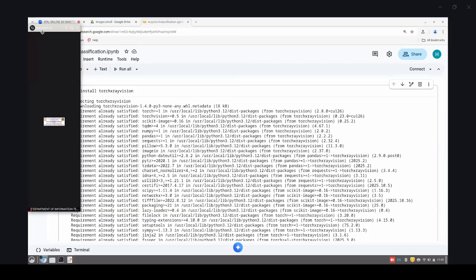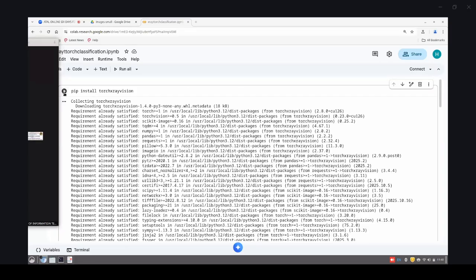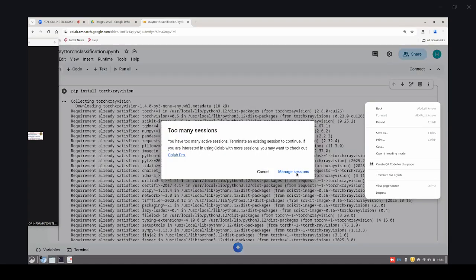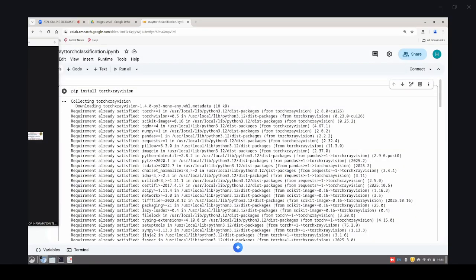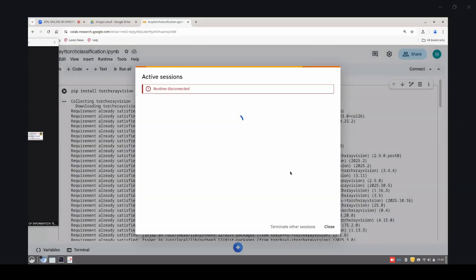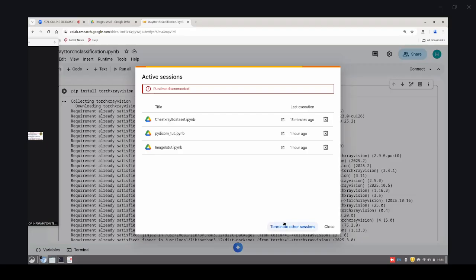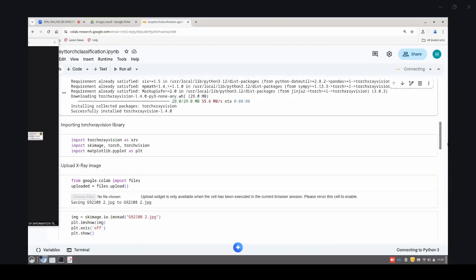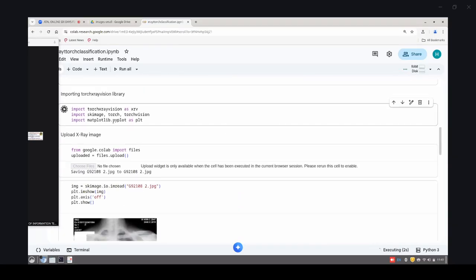There is a library called TorchXRayVision, which has pre-trained models for X-rays. So that's why I'm showing this. You can install this library by pip install torchxrayvision. Once you have installed this library, you can import models from TorchXRayVision, which are the pre-trained models.